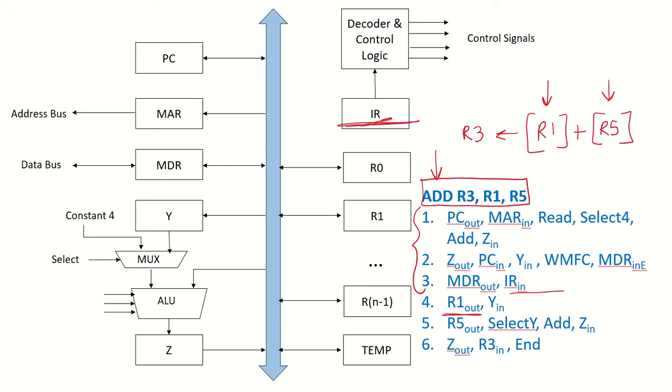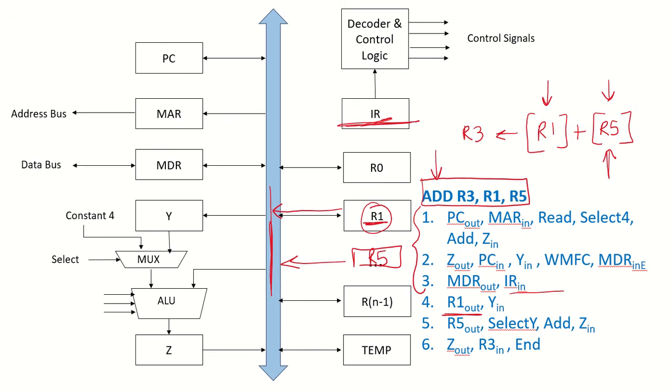So R1 out will allow the contents of R1 to come onto this bus. Now we want to add the contents of R1 with R5 contents. But we cannot put the contents of R5 onto the bus in the same clock cycle because we are having a single bus, and we know that in any given clock cycle only one unit can put its contents on the bus.